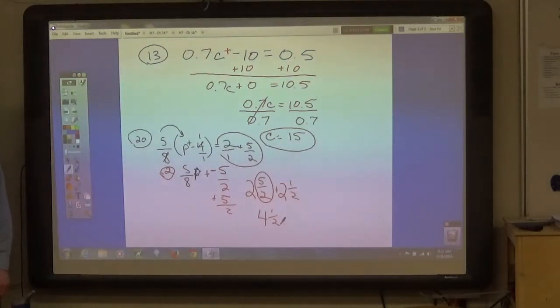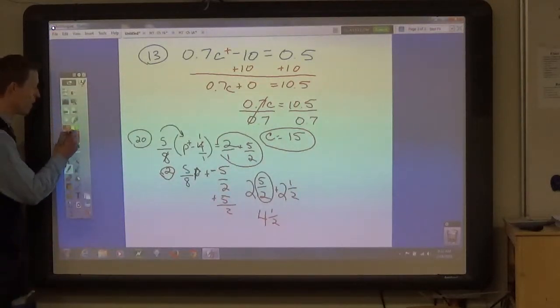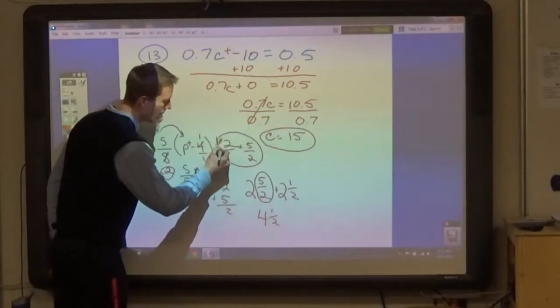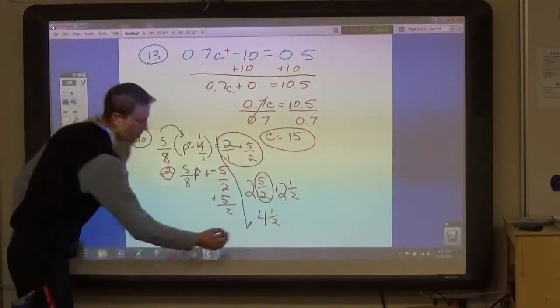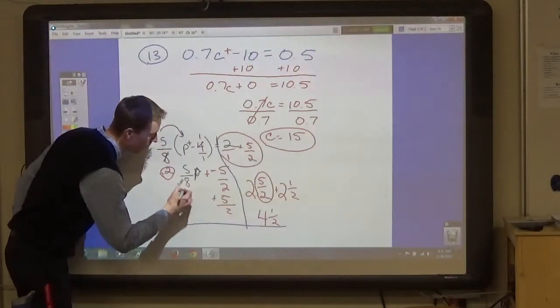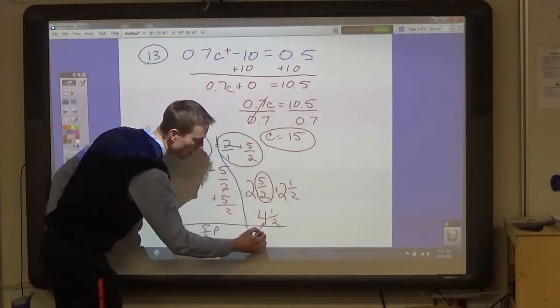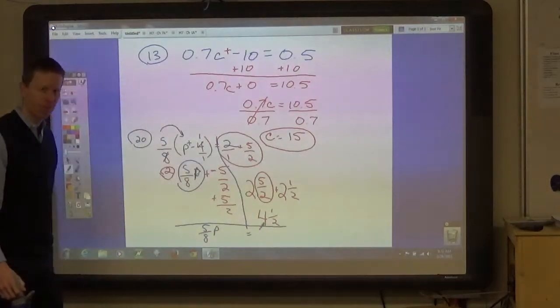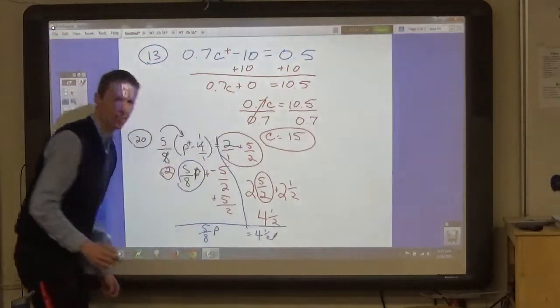Now what? Where are we at in the problem? What do we have left on this side? We still have 5/8 b equals 4 and a half. Now what?